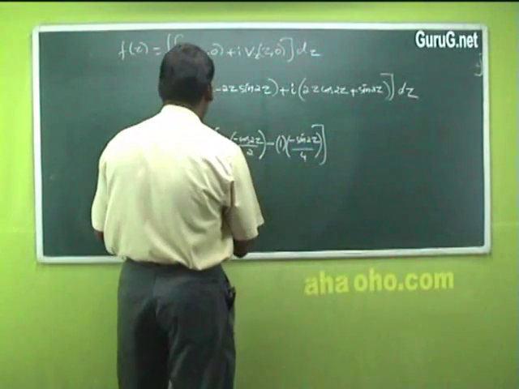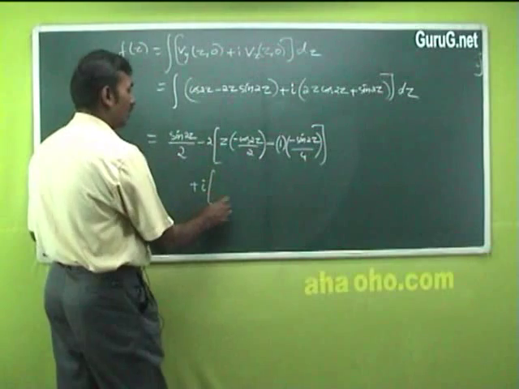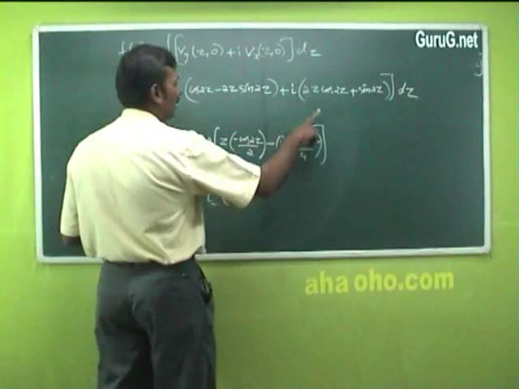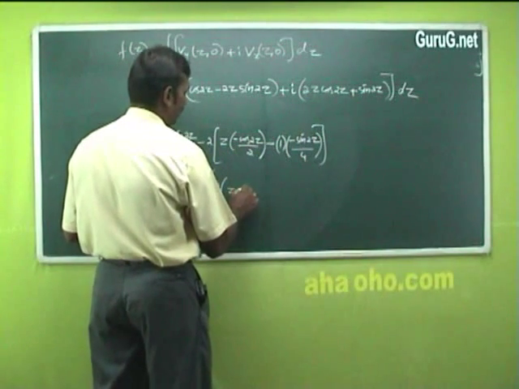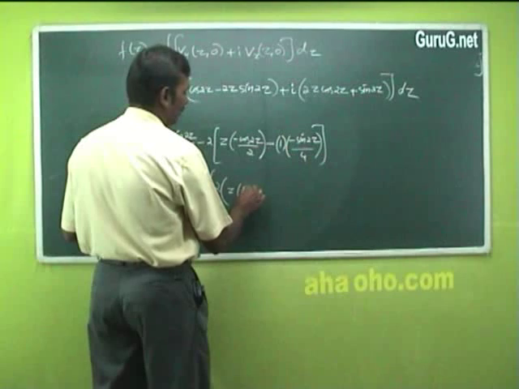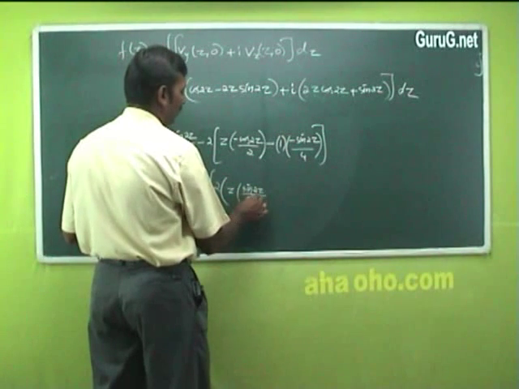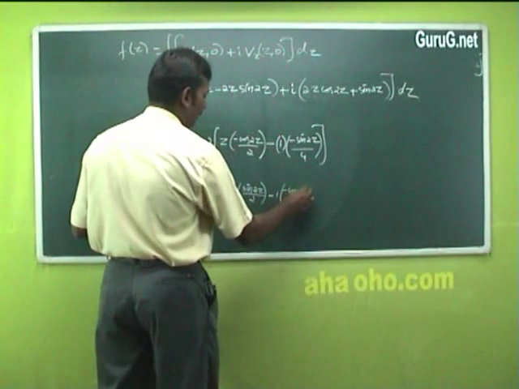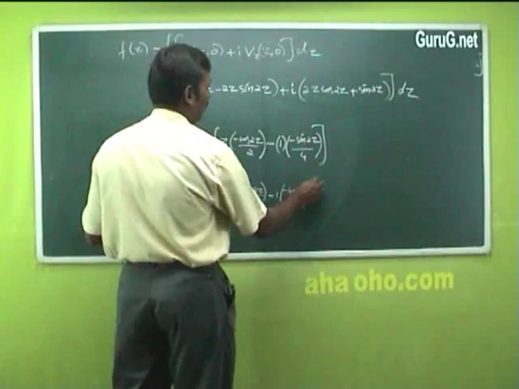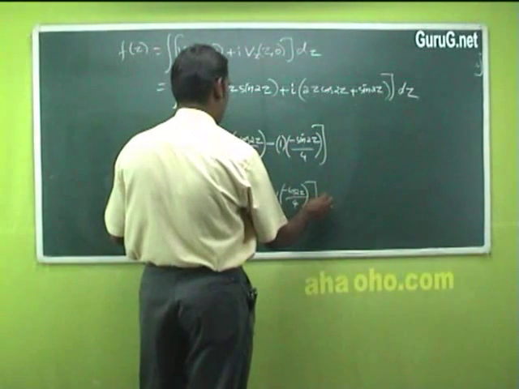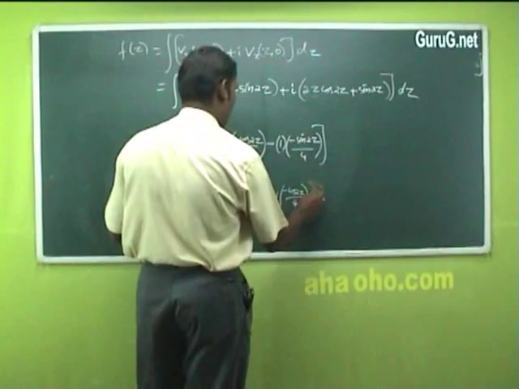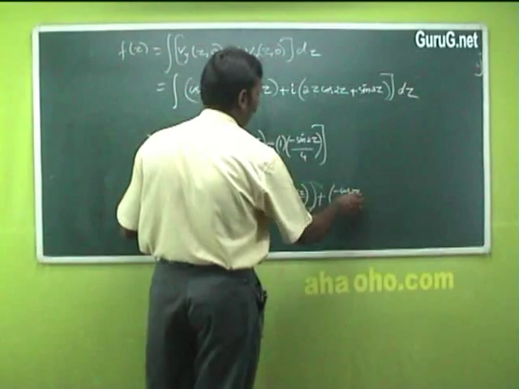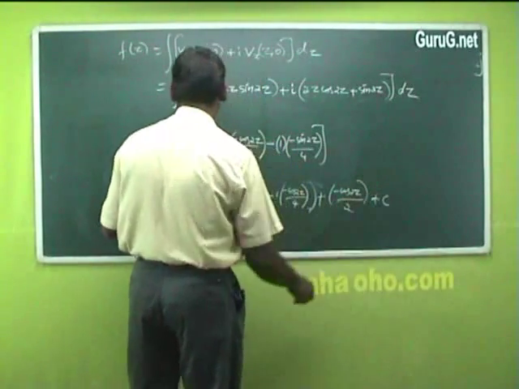And plus i into 2z kept as it is, cos 2z integrates to sin 2z by 2, minus 1 into the integral, minus cos 2z by 4, plus sin 2z integrates to minus cos 2z by 2.